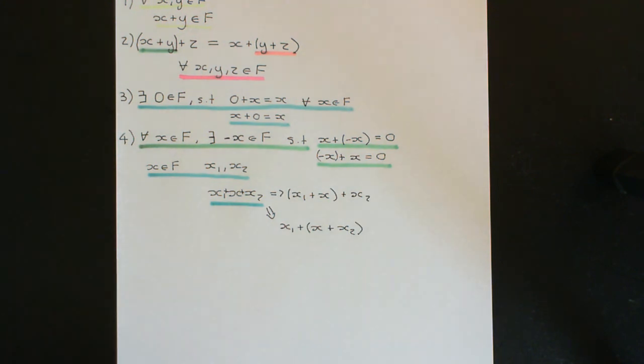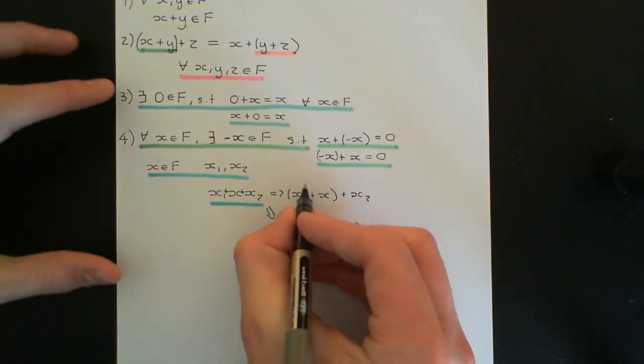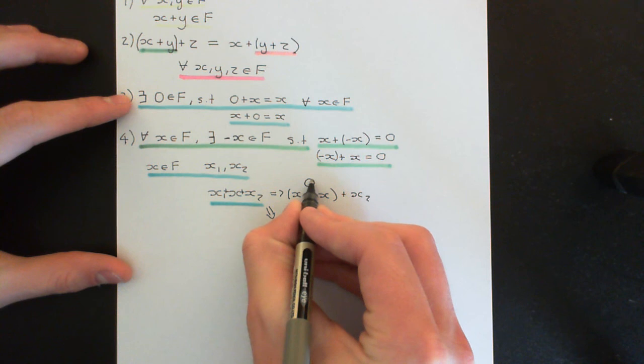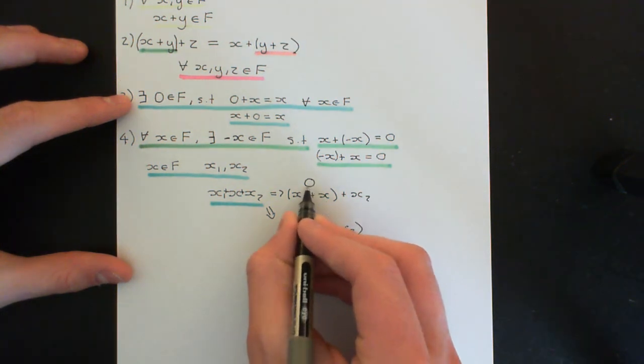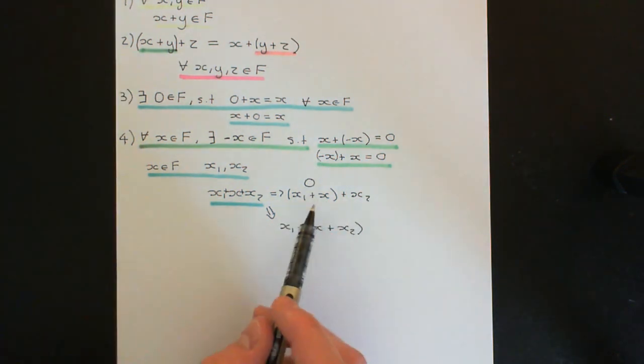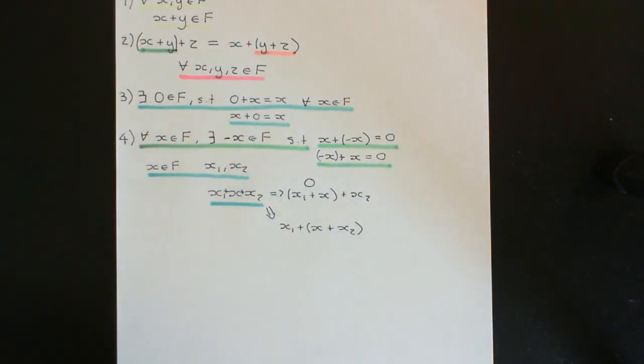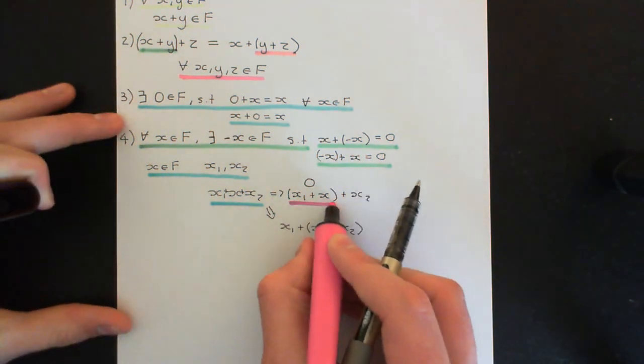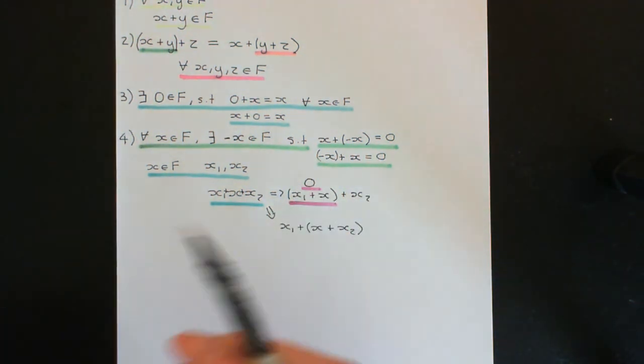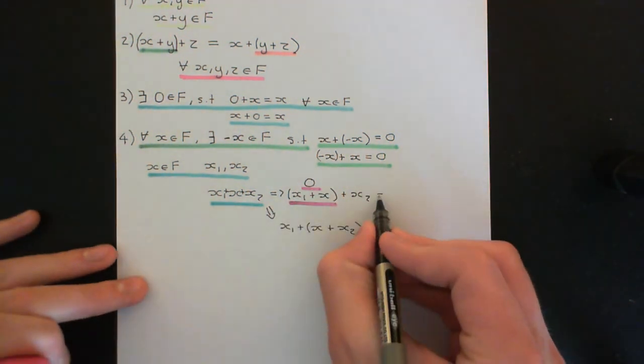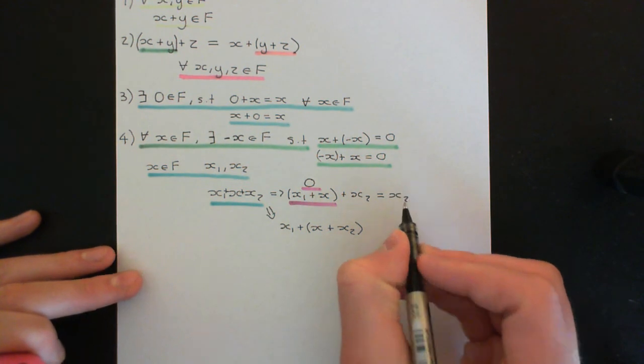But here's the problem, they're not going to equal the same thing. If we look at this top one here, x1 plus x will equal the additive identity 0 by definition of x1 being the additive inverse of x. So that bit's gone to 0, and then 0 plus x2 will be x2, so the answer here will be x2.